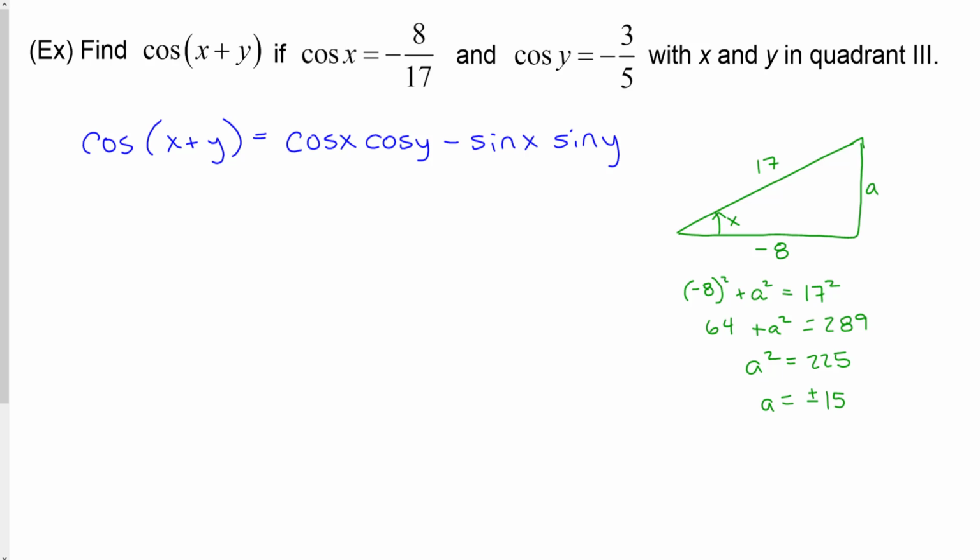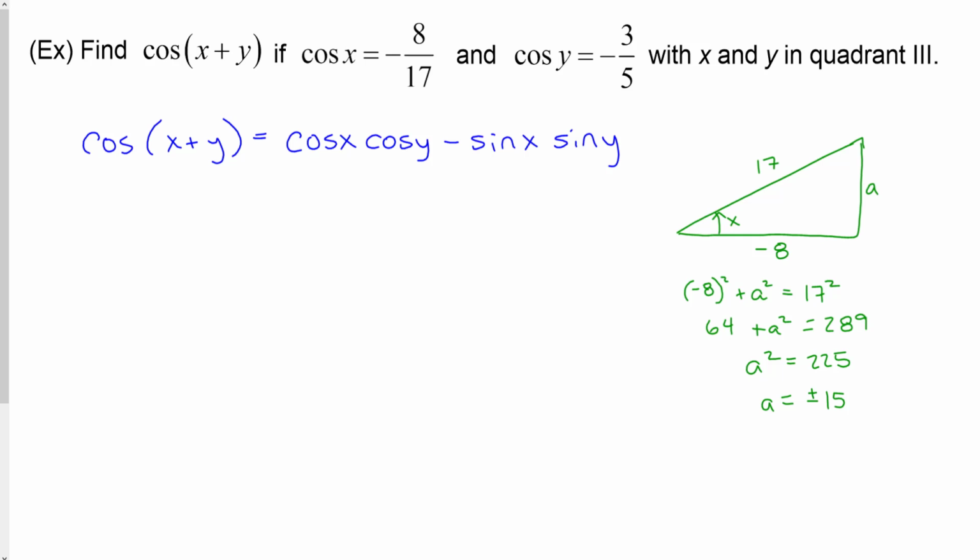And it would be positive or negative 15 depending upon the quadrant that we're in. So we're told that we're in quadrant 3. So the only thing that we need to really worry about here is that the sign of our angle measure, so the actual trig function sign, is going to be a negative.